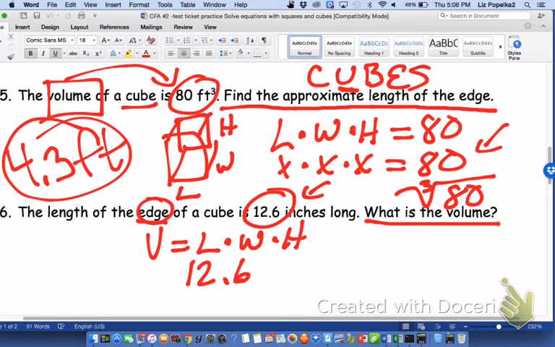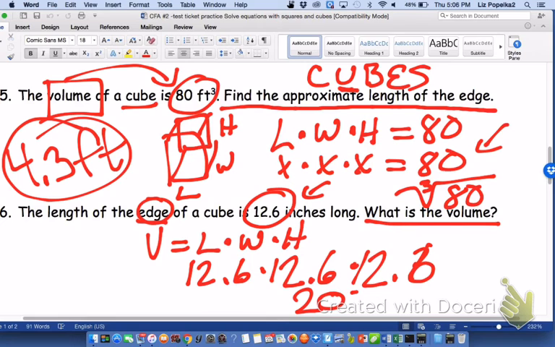So I'm going to do 12.6 times 12.6 times 12.6, or 12.6 to the third power will work as well. If I multiply that together, that gives me 2,000.4 inches, and this is volume, so it'll be inches cubed.